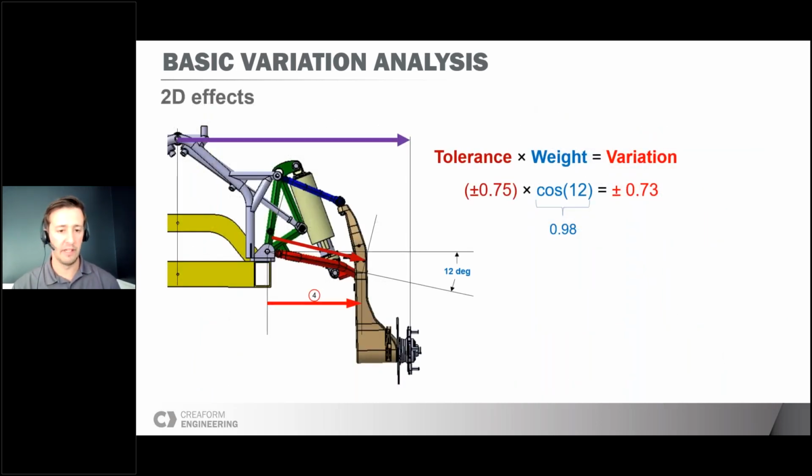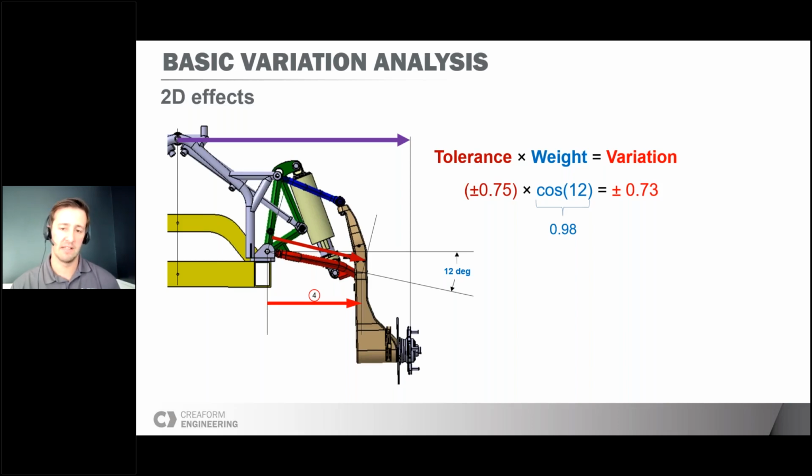If we take, for example, the lower arm, the lower arm is at an angle in reality, and the tolerance I gave to this arm, if you put it on a drawing, you won't put it at an angle of 12 degrees. You will put it in the plane of the lower arm. So what you have to consider is how much of an effect it has on the total variation of my requirement.